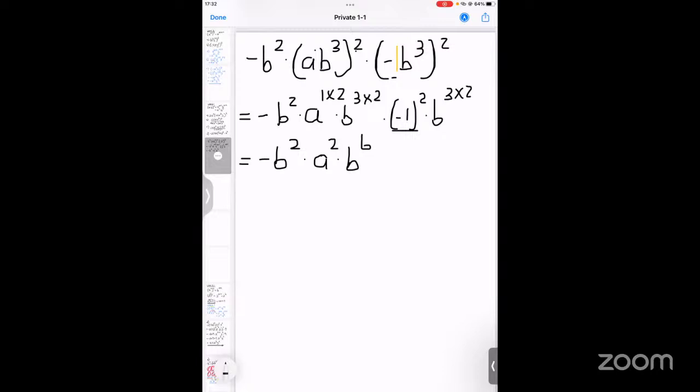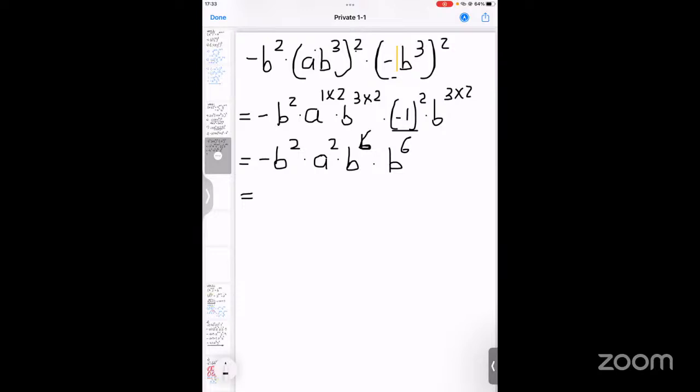So it will just be positive invisible 1, and then we have b to the exponent. That by that, it becomes a 6 also. There it's 6. Also there it's 6. So that step, Langelihle, did you understand it? Yes, I understand.